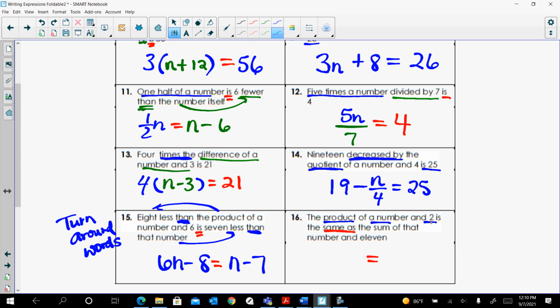Okay, how do I write that? That'd be 2n. Thank you. So the product of a number and 2 is 2n. Is the same as, so that's the equal, the sum of that number and 11. Yes, n plus 11.